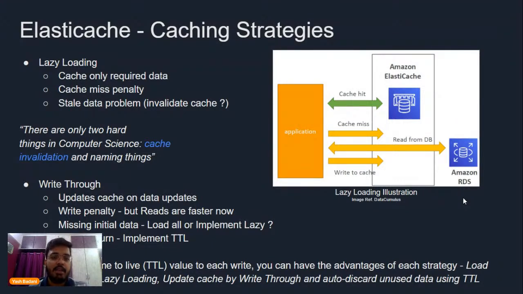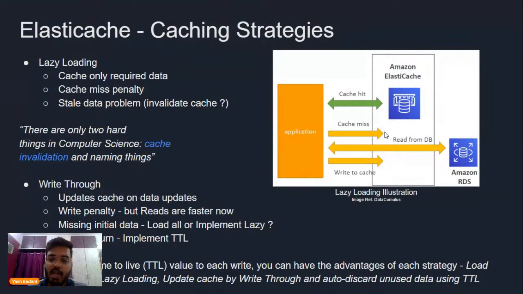And there are some caching strategies that you can use for your application so that it can give you less latency while reading the data, right? So the first option is lazy loading. So let's say your application tries to access the cache. The cache is a miss, it doesn't find the data within the cache.